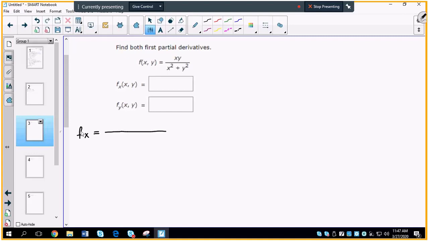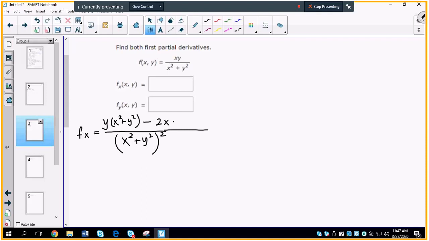So that will say that you do the square of the bottom. On the top, you take the derivative, which is going to be y, that's the constant. Derivative of x is 1, so I just get y, times the bottom, which is x squared plus y squared, minus. Now you take the derivative of the bottom, which is 2x, because derivative of y squared will be 0 as it is a constant.